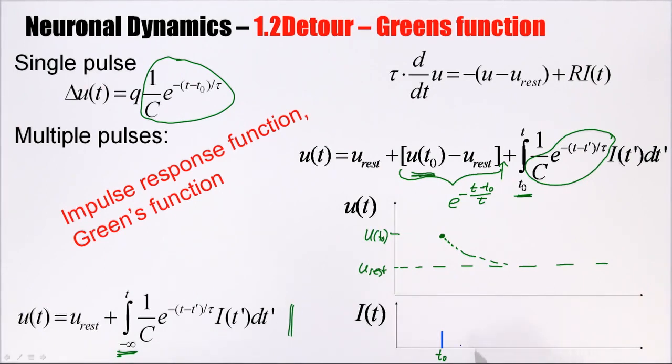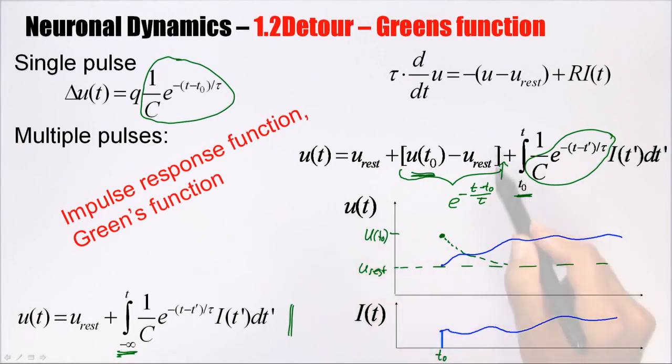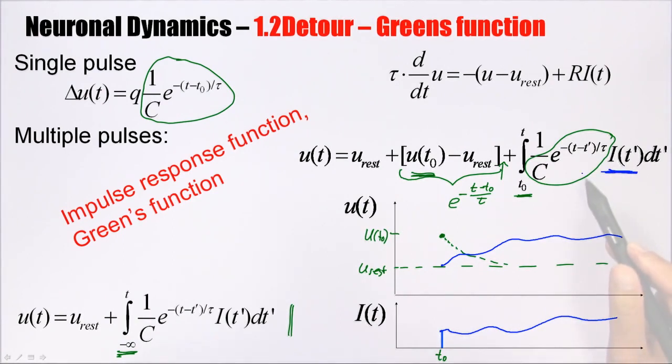Now, the additional current, which starts here, will make an additional contribution to the membrane potential, which I can calculate by this term here. The total voltage is the exponentially decaying pulse caused by the initial condition plus the contribution of the input current convolved with the Green's function.